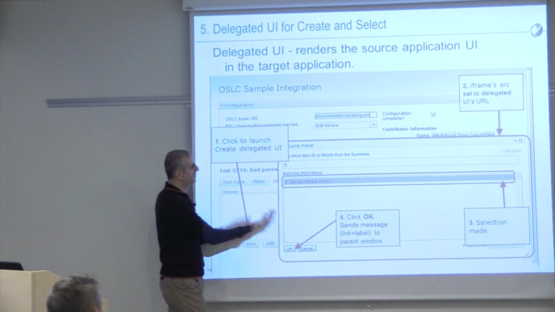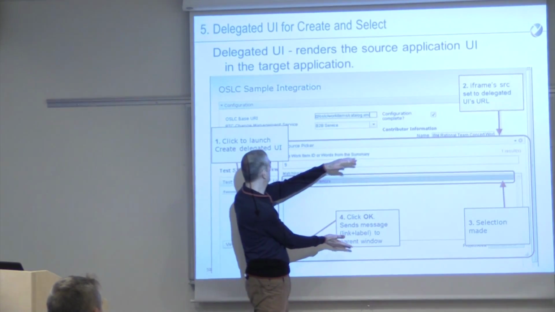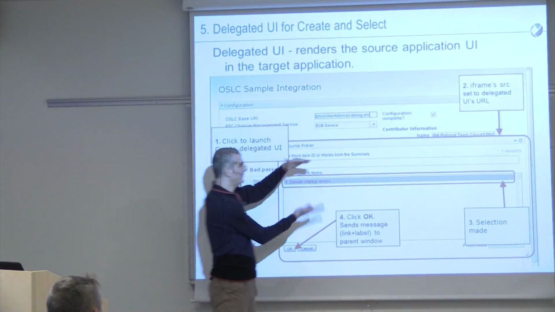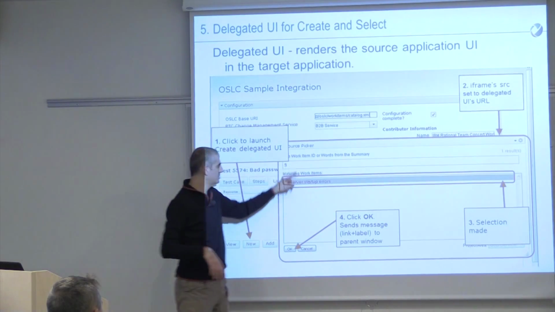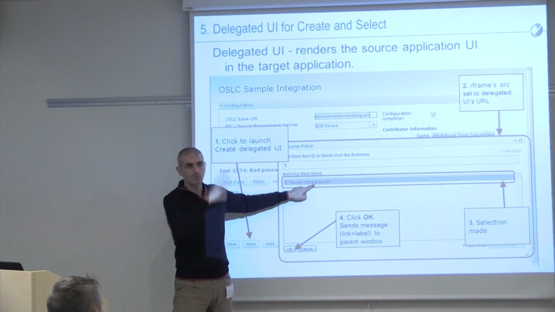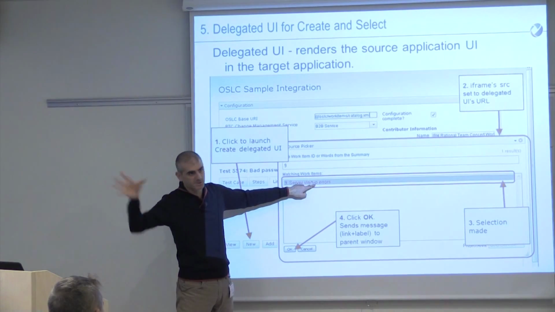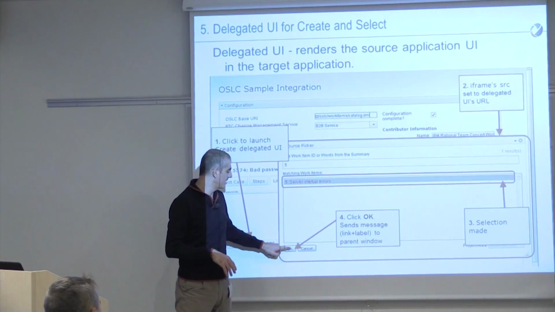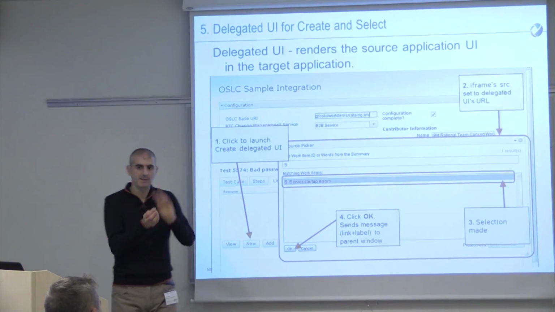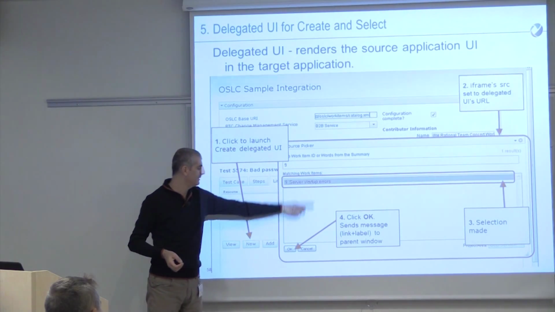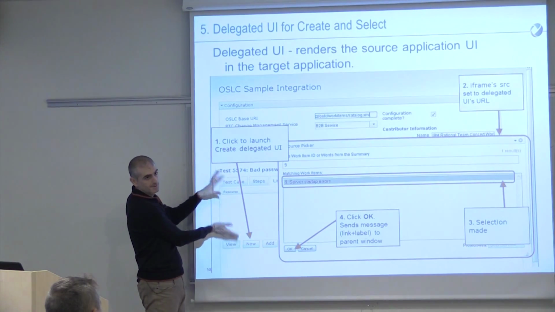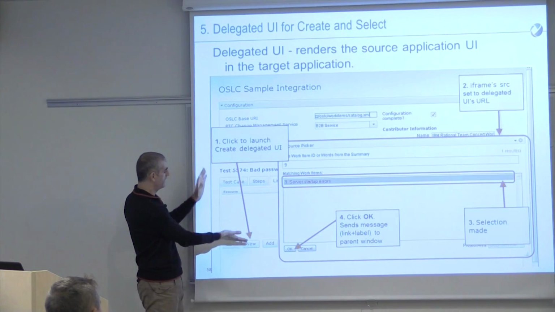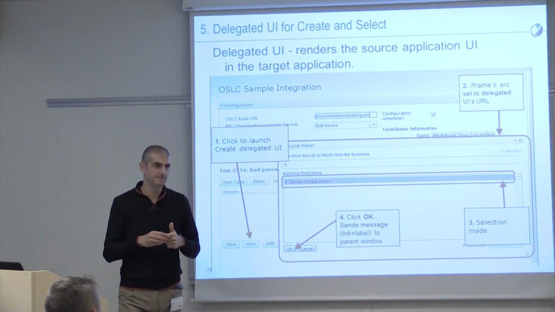You click on new, the work item provider will pop this up, and then you can do a search to find the work item you want. That's all done by the work item provider, so you never have to implement this. And then you say, OK. That is selecting it, and the link for that particular one is given to the host, which is the test case provider. Then you can do whatever you want with that link.